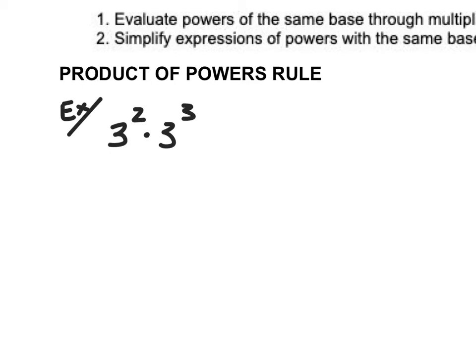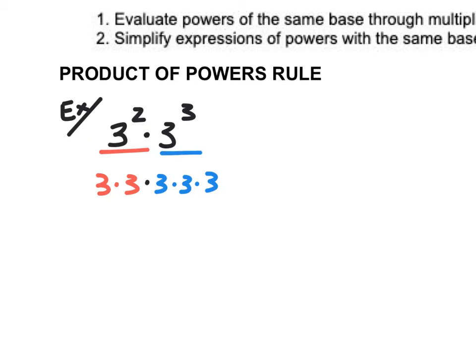The only thing that I know how to do at this point is to expand these out. If I wanted to do 3 squared, that means I'm doing 3 times 3. And then if I'm doing 3 cubed, I'm going to multiply by 3 times 3 times 3.